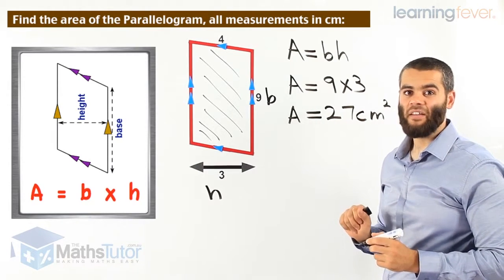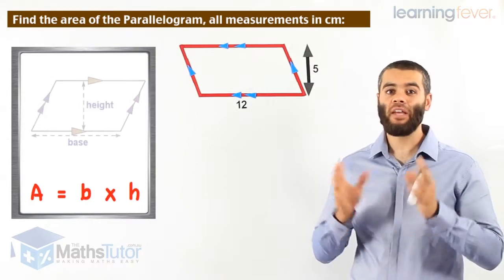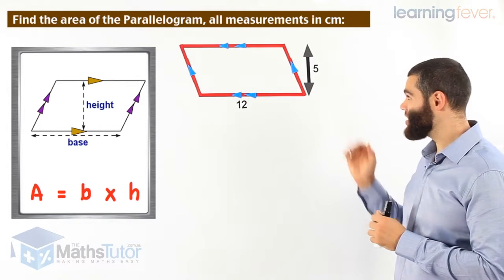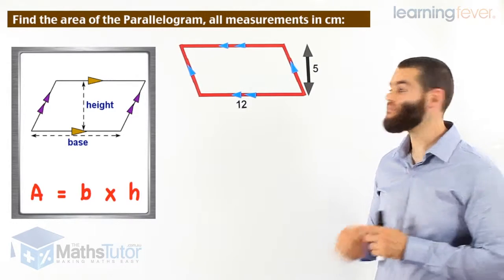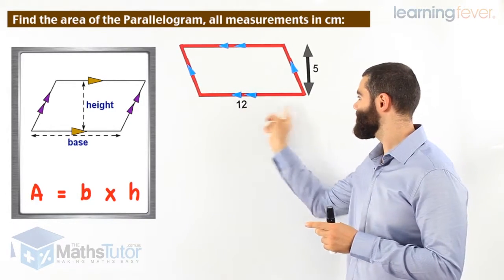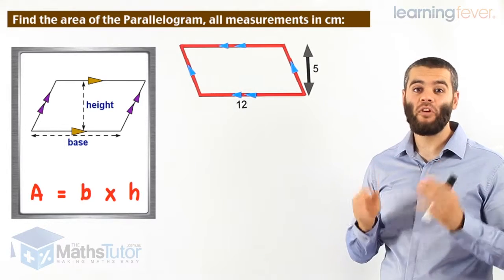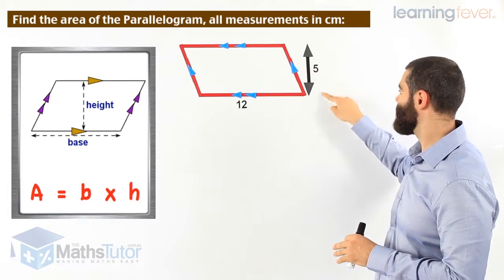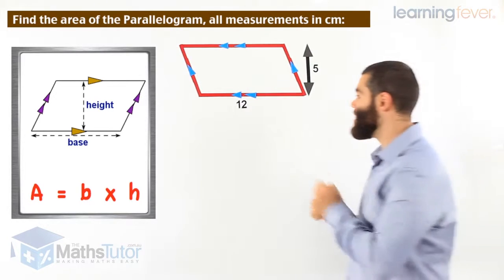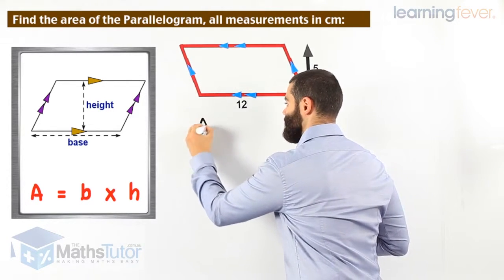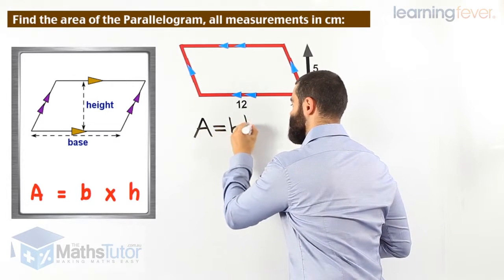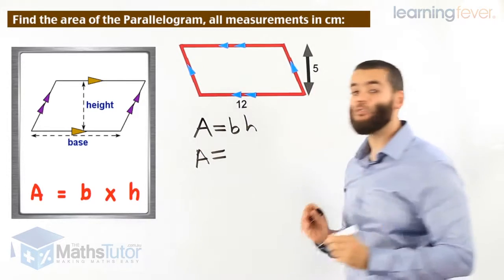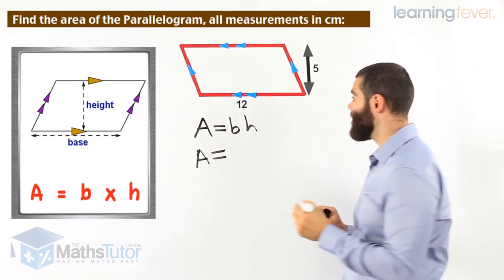Let us do another example. Okay, now let's work out the area of this parallelogram. We can see the base. Where is it? It's the 12. There it is. And the vertical height, the height of the parallelogram, is 5. So the formula: A equals BH. A equals base times height.